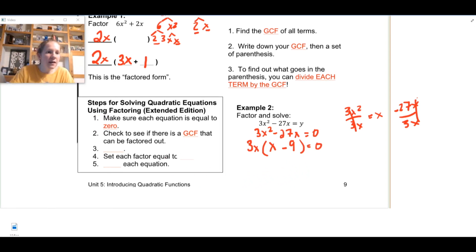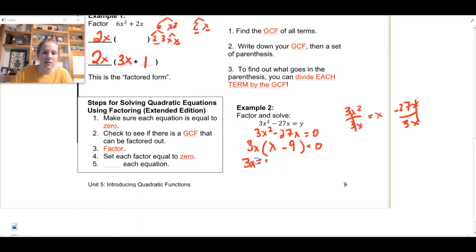Now the next step is to factor, if there's more factoring to be done. Sometimes, and we're going to get to examples like this later on, even after you've factored out the GCF, there's more factoring to be done, and I'll show you how to do that in later videos. Now you're ready to set each factor equal to 0, like we did in the previous lesson.